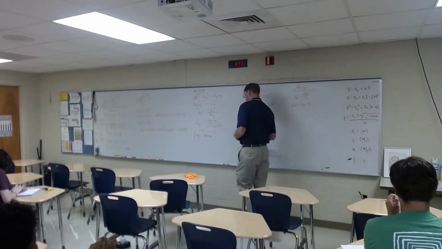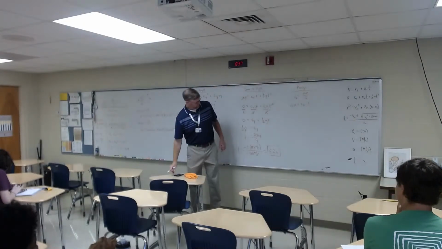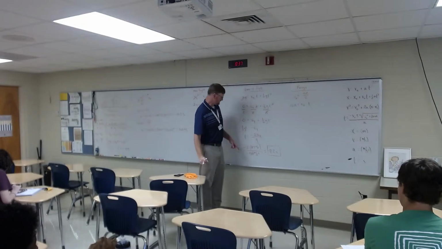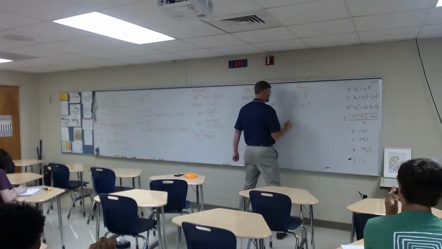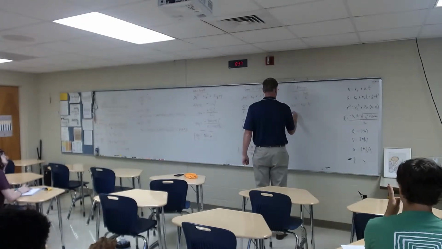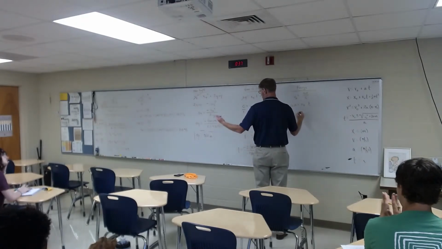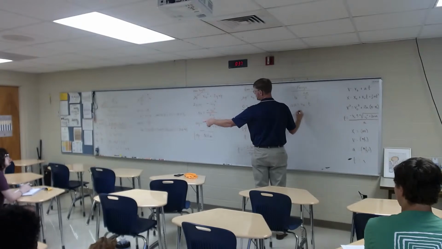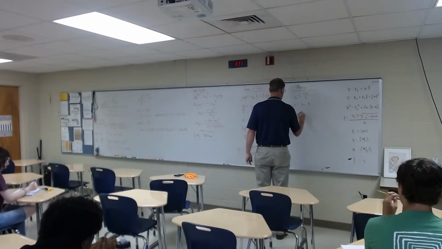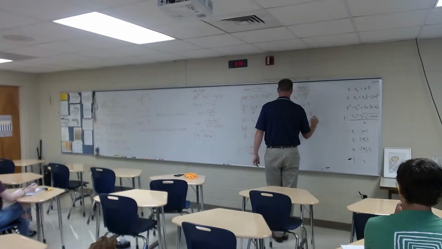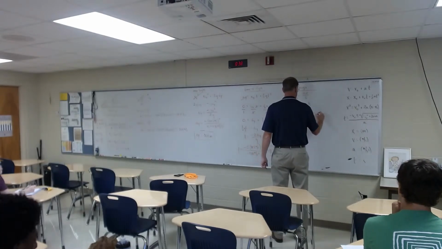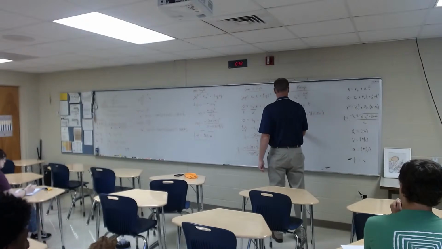Now, just plug in that number for t. You could plug in this equation for t. Doesn't make a difference. It's all the same thing. This is 181 times 17.2.